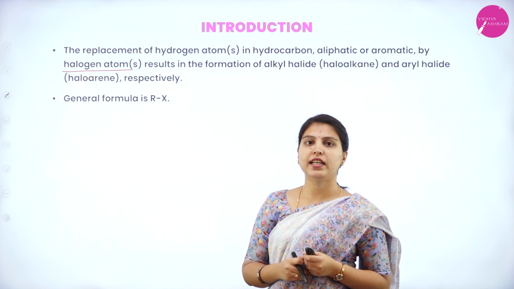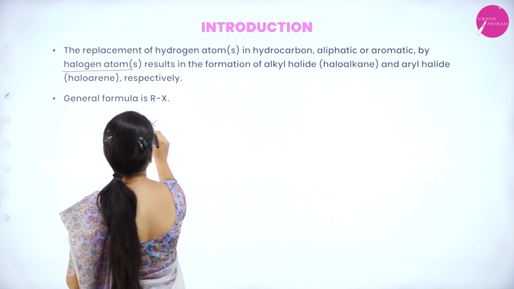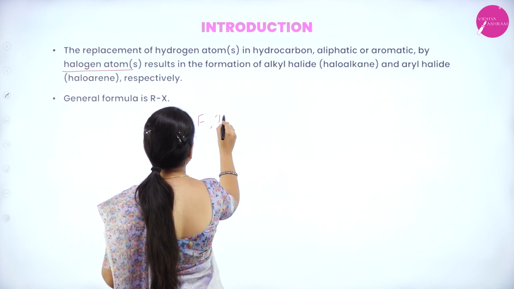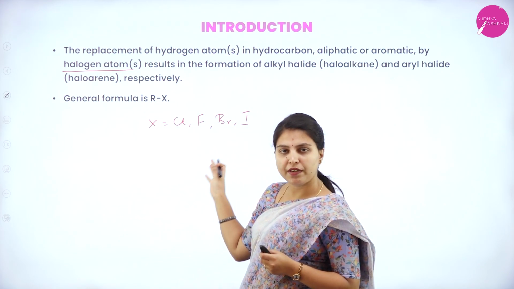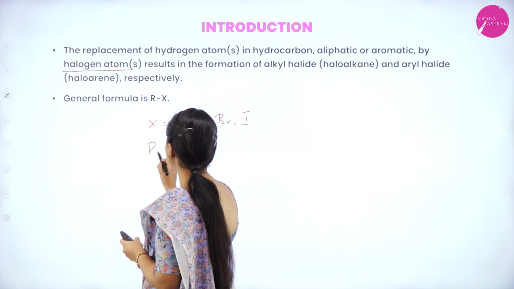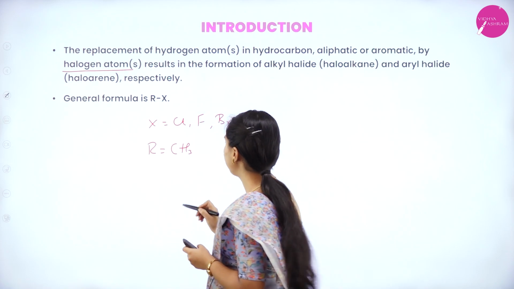R may be alkyl or aryl, X is a halogen. X may be chlorine, fluorine, bromine or iodine, that is the group 17 halogen family, and R you can take as CH3 or anything.